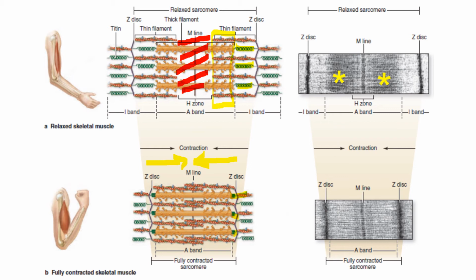On the right-hand figure, we will see the sarcomere becomes shorter than its state during relaxation. The H zone is gone. The I band becomes shorter than before. However, the A band is constant. The A band does not change during contraction.